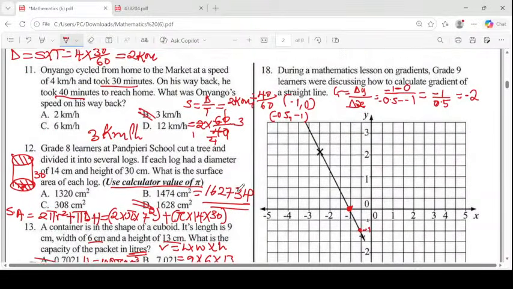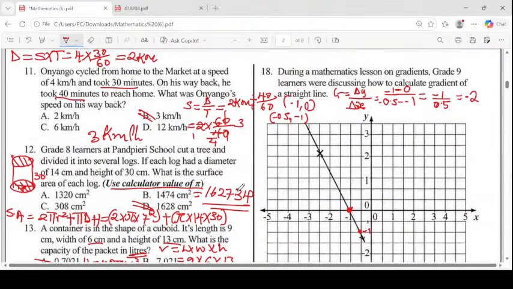Have I done it again wrong? Let me see the points. The first point was -1, 0. The next point I picked was negative 0.5.